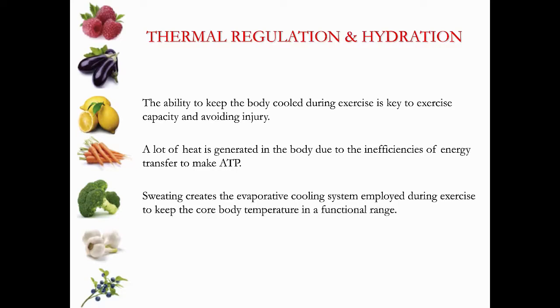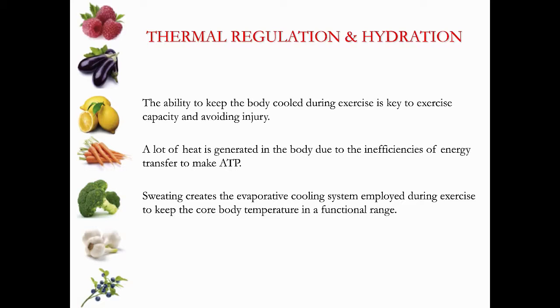A lot of heat is generated in the body due to inefficiencies of energy transfer to make ATP. Sweating creates that evaporative cooling system used during exercise to help keep your core body temperature in a functional range. Remember when we talked about denaturing proteins, that proteins are broken down by the acid in the stomach? Temperature is something that also denatures protein. I believe one of the examples I gave was hard boiling an egg wrong, that the albumin leaks out into the boiling water and changes structure.